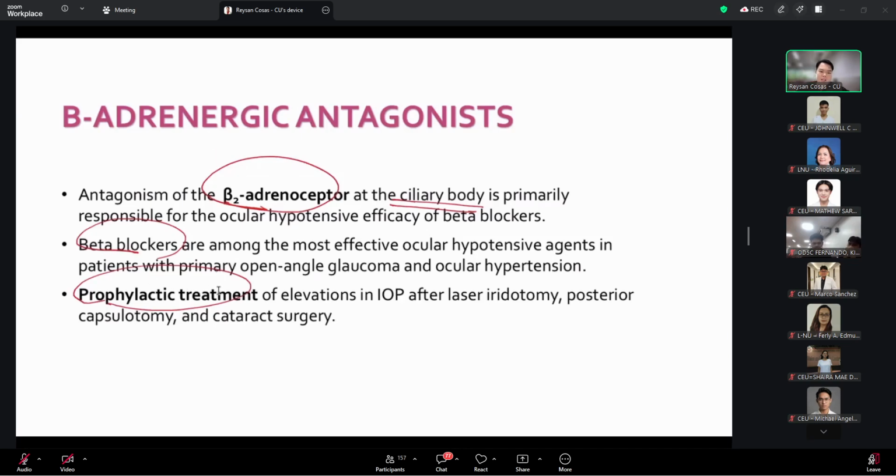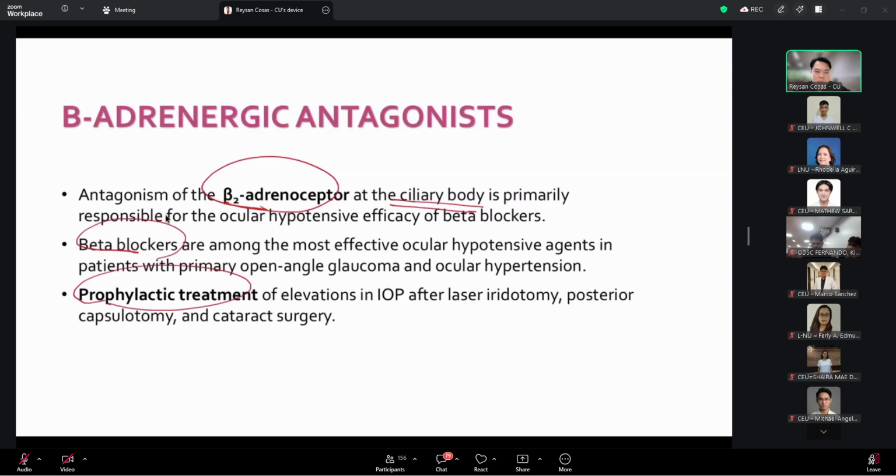You are already taking oral beta blockers and then you added timolol. Will that provide additional intraocular pressure lowering benefits? Okay, yes. Sir, how about in terms of the side effect?